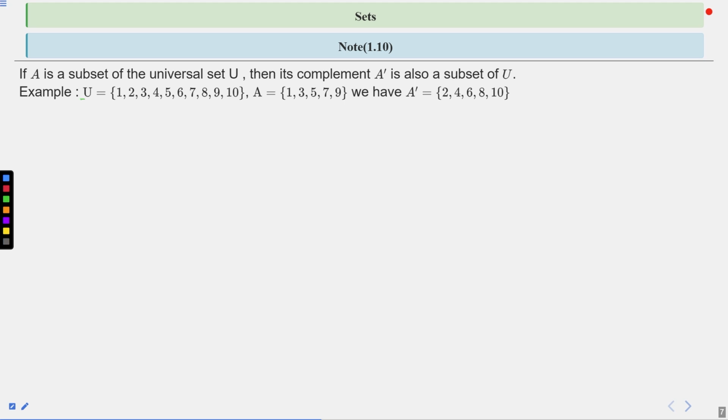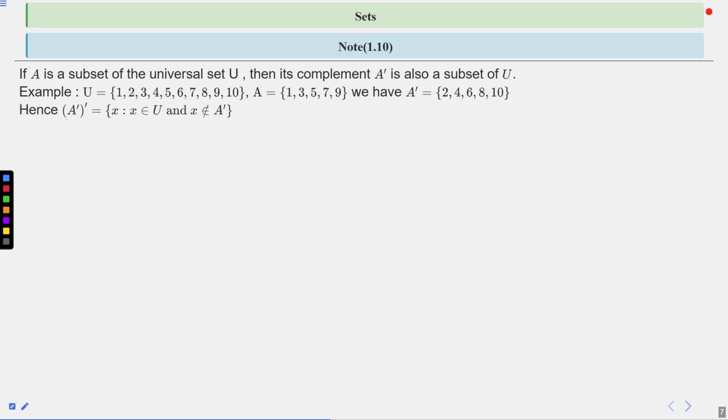So, for example, if you have a universal set with these 10 elements, the first 10 natural numbers, and A as your subset, 1, 3, 5, 7, 9, then A complement will be your set with these 5 elements 2, 4, 6, 8, 10. Clear? So both A and A complement are subsets of this universal set U.